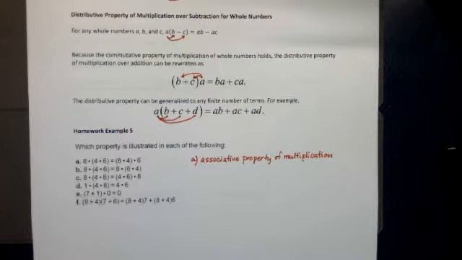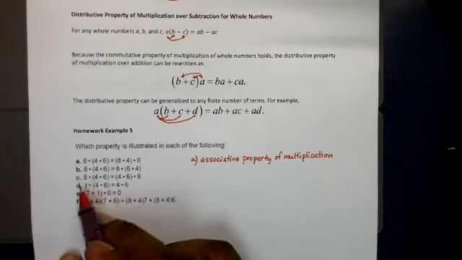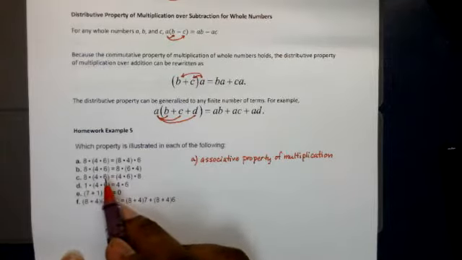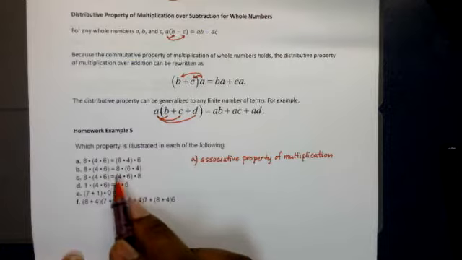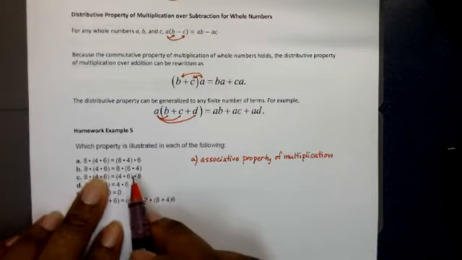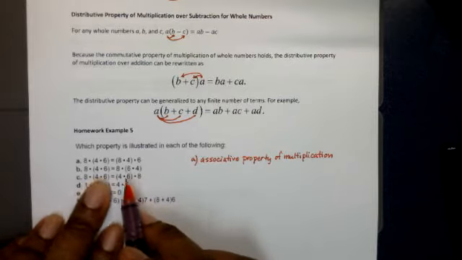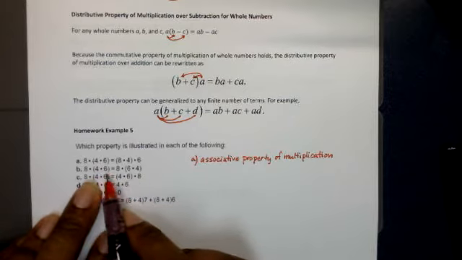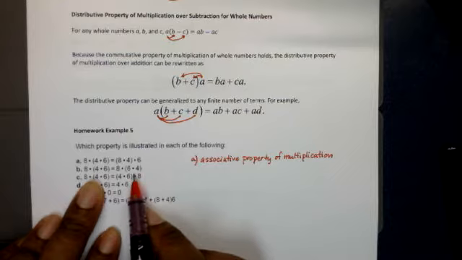All right, now part B. We got 8 times, in parentheses, 4 plus 6. And then on the right side, equal to 8 times, and notice we got 6 times 4 in parentheses. Now, let's be careful here. Let's look at this very carefully. The 4 times 6, and then on the right side, you got 6 times 4.